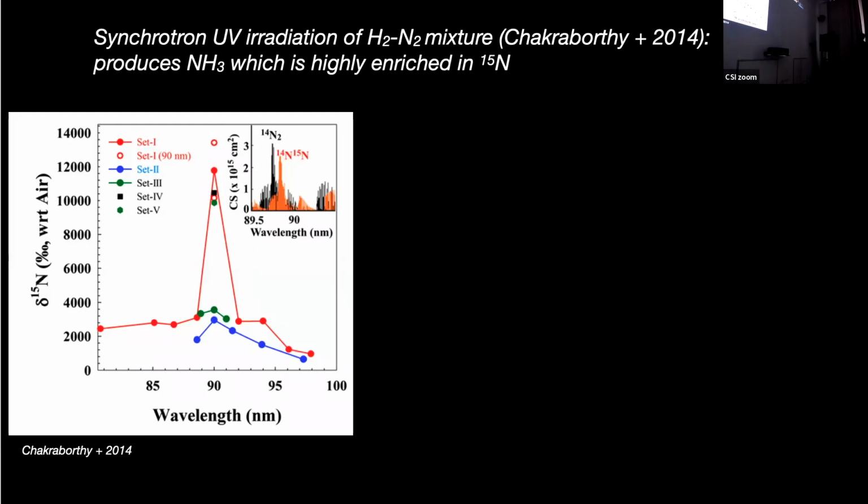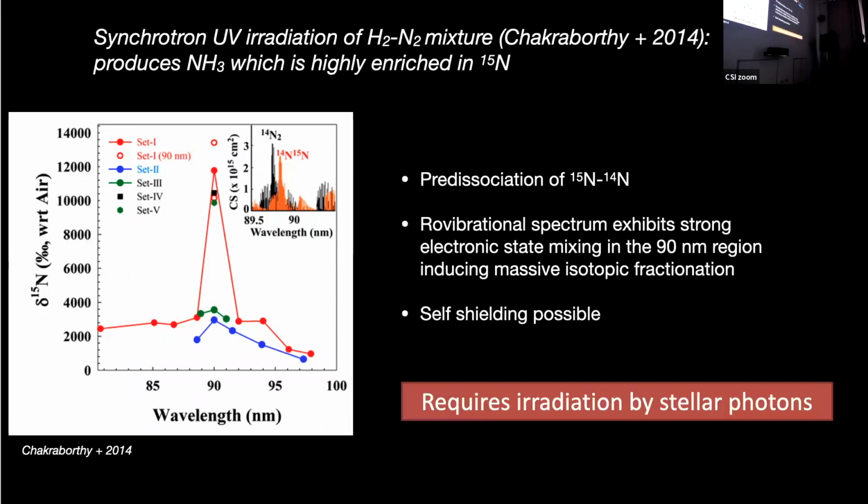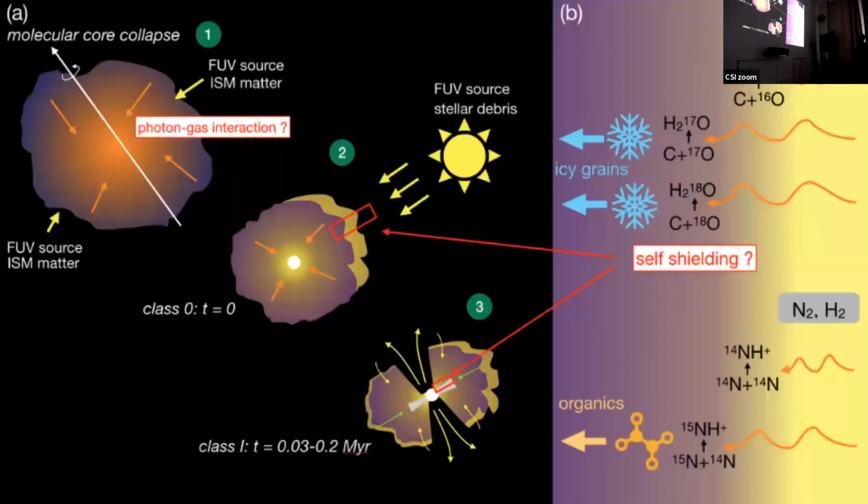So the bottom line is that you can also explain huge nitrogen-15 enrichment by irradiation by stellar photons. And I am now almost done.